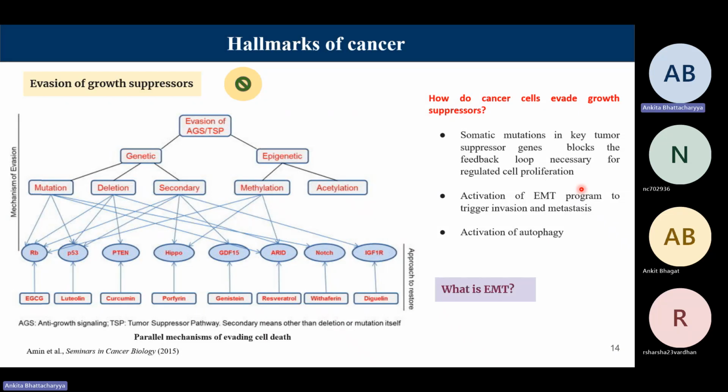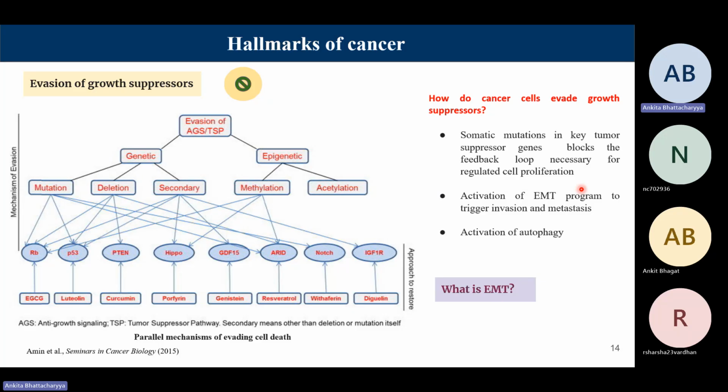Then the second one was about evading growth suppressors. So the first hallmark talked about how cells divide very rapidly, and that is considered to be a key hallmark of cancer overall. But apart from that, the ability to evade a negative checkpoint, which is the tumor suppressor within the cell.